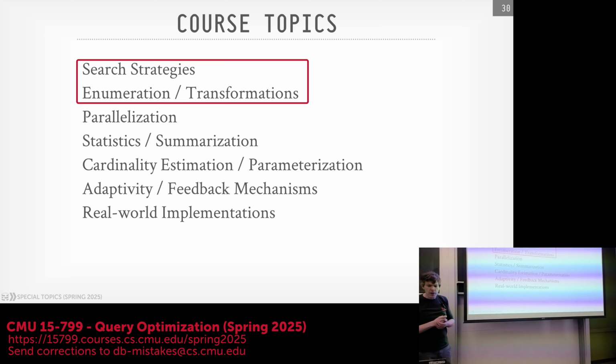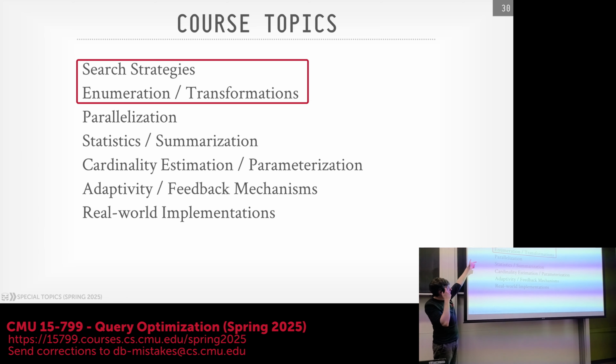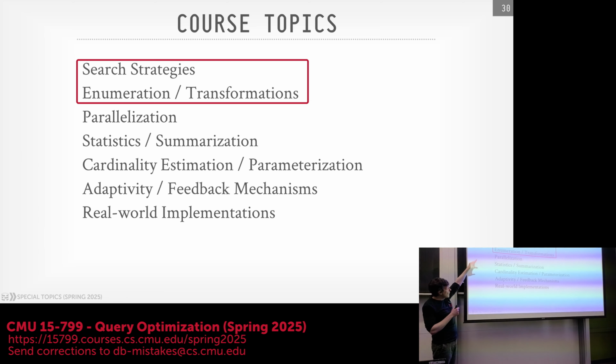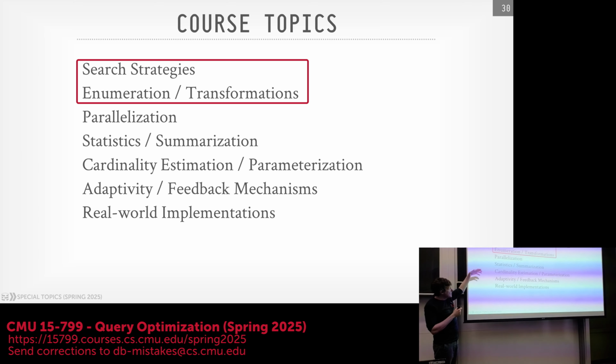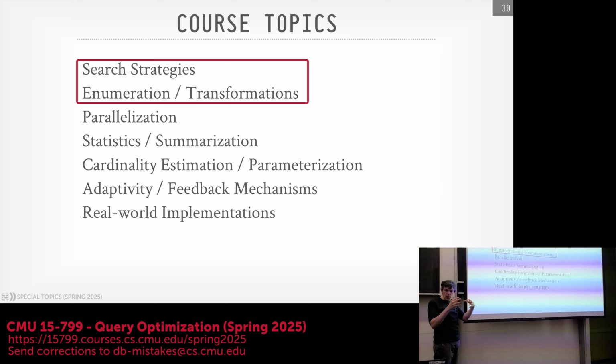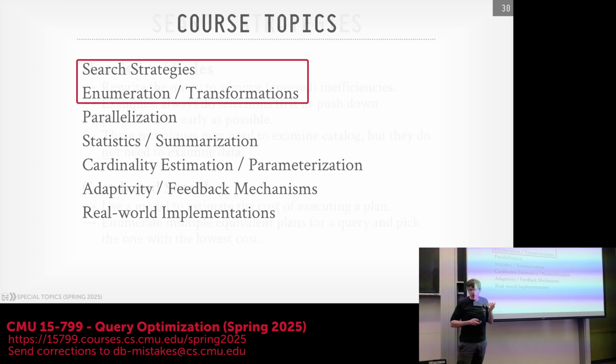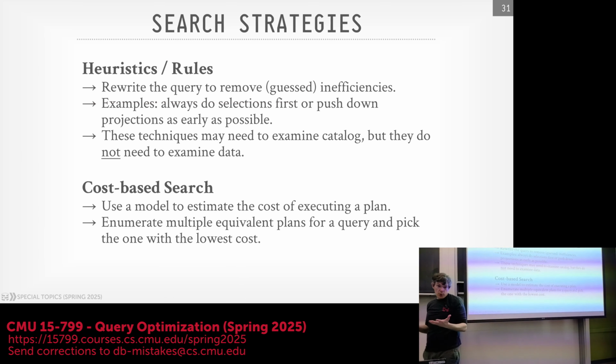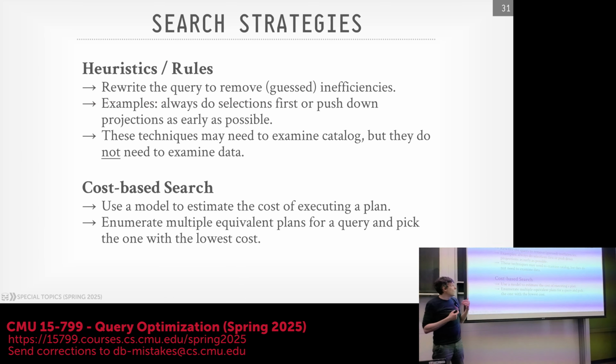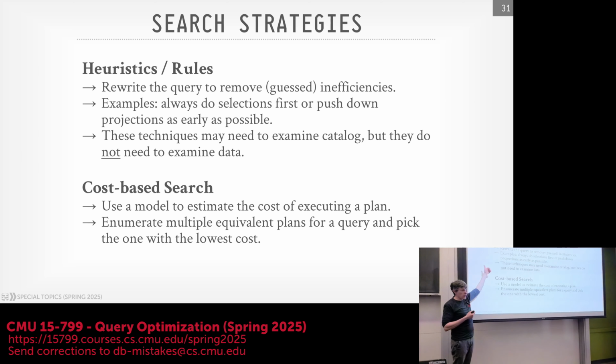Okay? So again, in the next class we're really going to start hammering on this, because this is going to set up everything we need to know about how we want to actually build the query optimizer. And at a high level, there's basically two approaches. First is just to use heuristics or rules, these sort of hard-coded if-then-else statements, if you will, that say, if I see this pattern in my query plan, go ahead and apply this transformation.